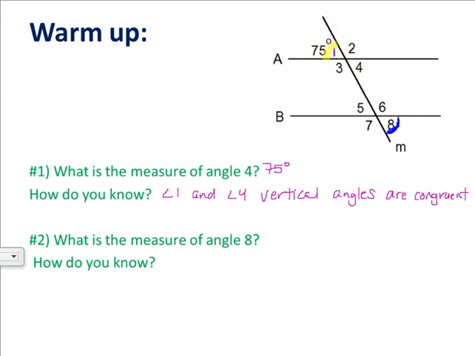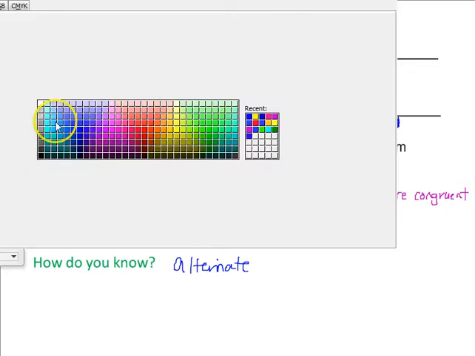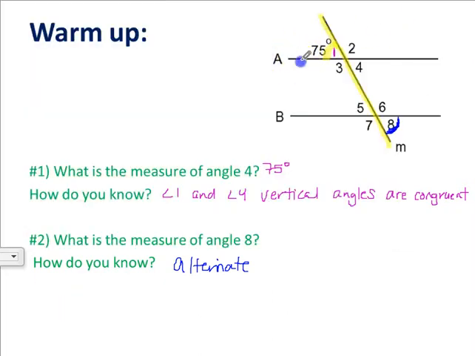So remember, we always like to look in reference to our transversal. They're on opposite sides of the transversal, so we call that alternate. So we would say that these are alternate, and then are they on the interior or are they on the exterior of our two parallel lines?